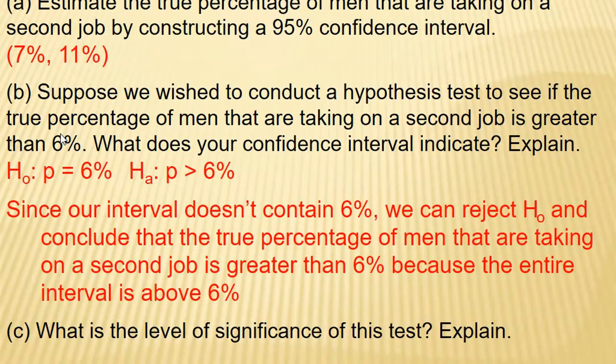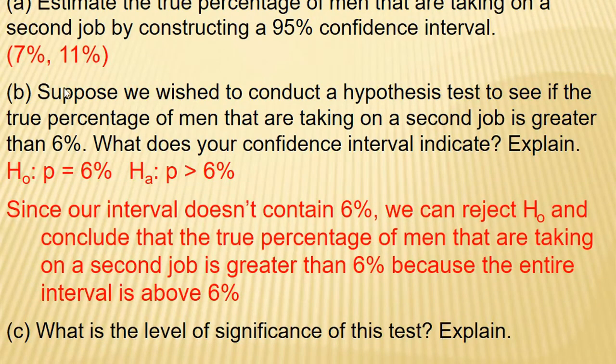So in conclusion, when your null hypothesis is not contained in the interval, you reject the null hypothesis and conclude that HA is true. I should probably write that down. So one more time, when your null hypothesis is not contained in the interval, then you reject the null hypothesis and conclude that HA is true.